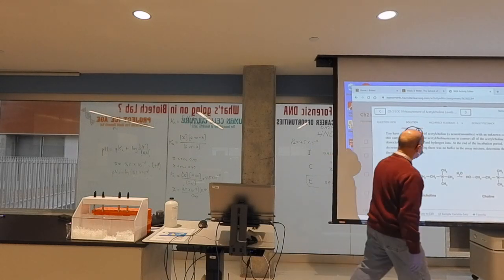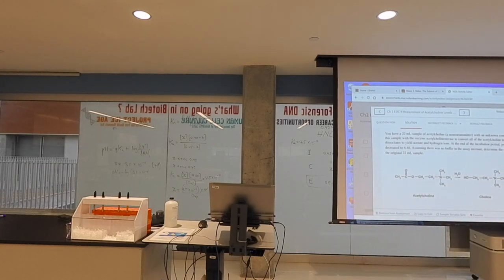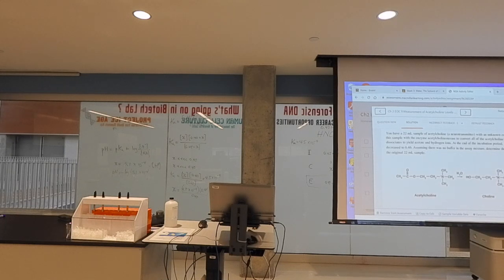So what is this number helping us realize? Let's see. You incubate the sample with the acid dissociates to yield acetate. Okay, so they're not showing this part or where it came from.